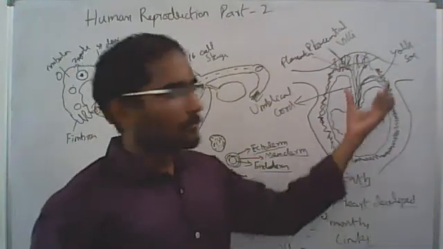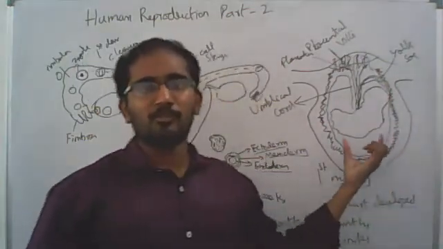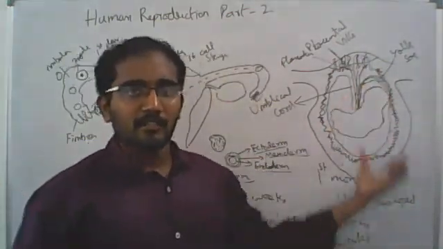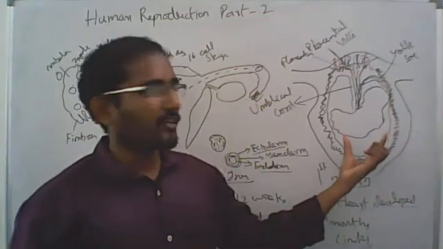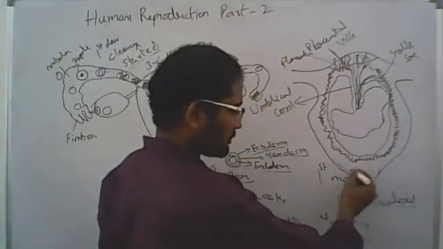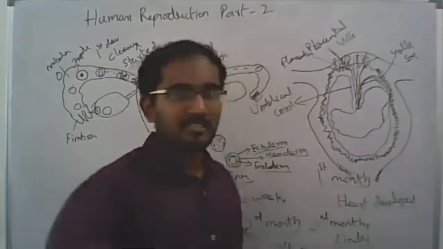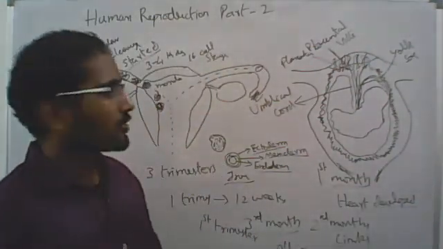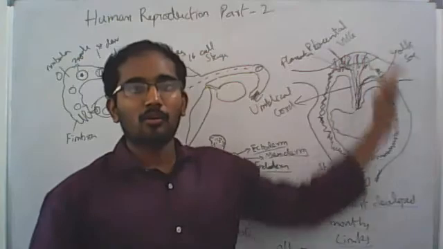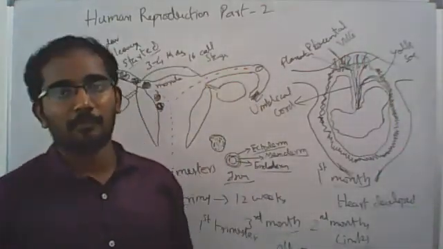Fine. So this is how a fetus will look in a well developed stage. Fine. So this part is the cervical region. Okay. So this is how the whole fetus is developed.